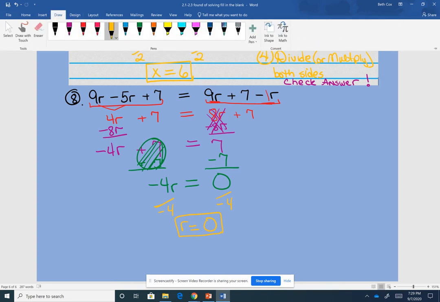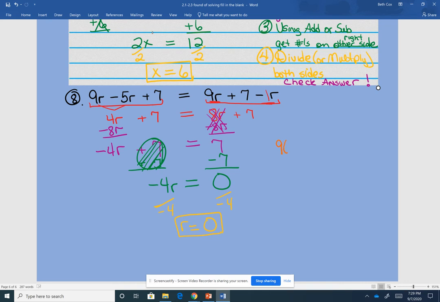Okay, so now to check it, let's do this good color here. Check it, I'm going to have 9 times 0 minus 5 times 0 plus 7. Is that truly the same as 9 times 0 plus 7 minus 0?